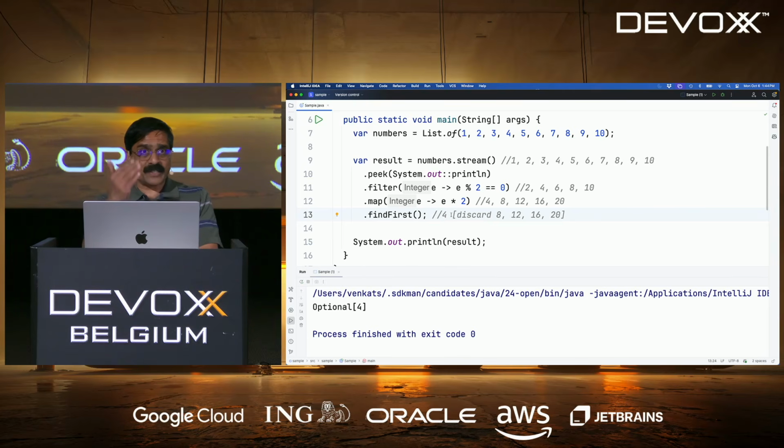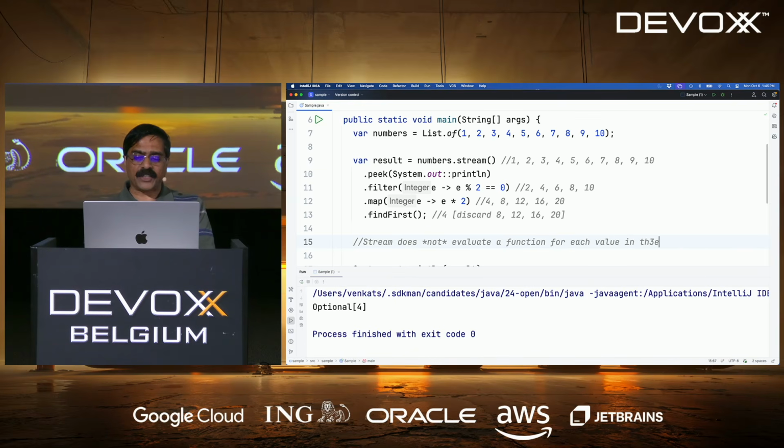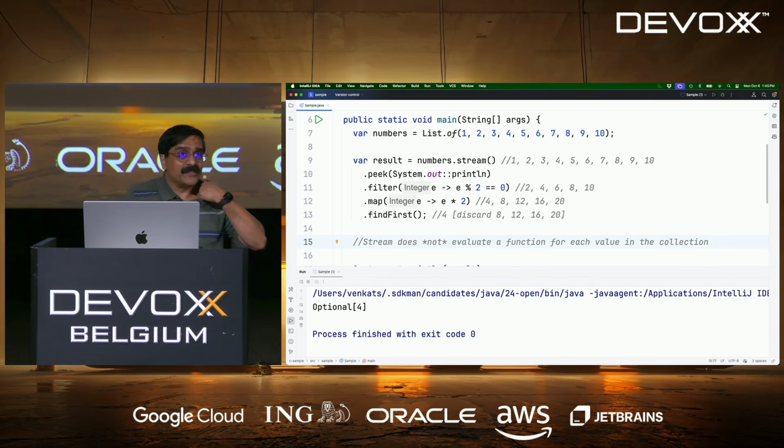So thankfully, this is not the way the code runs. This is one of the things we need to realize quite a bit. The stream does not, this is important to know, evaluate a function for each value in the collection. This is not the way a stream actually executes.